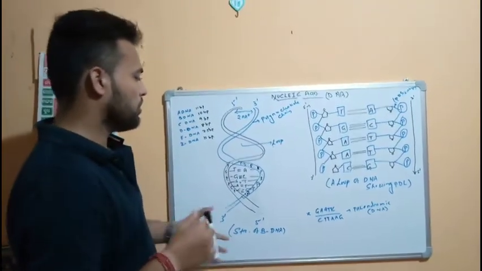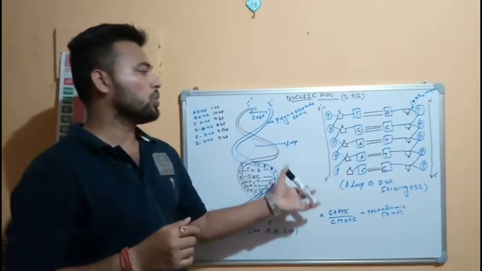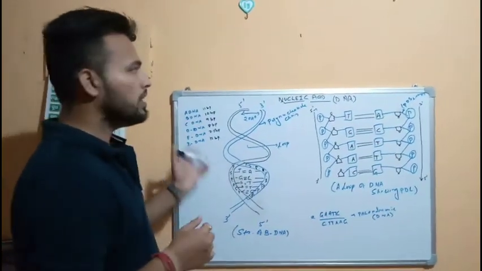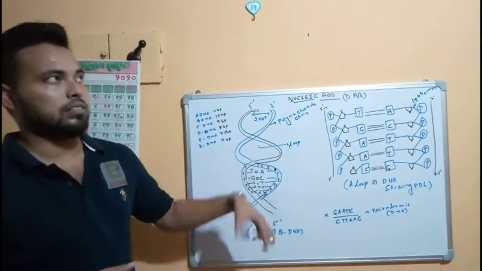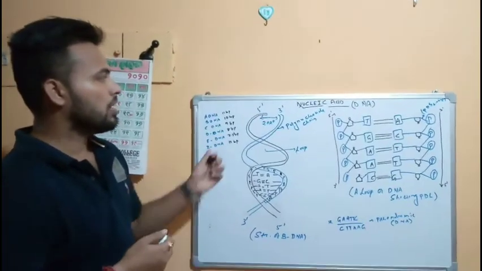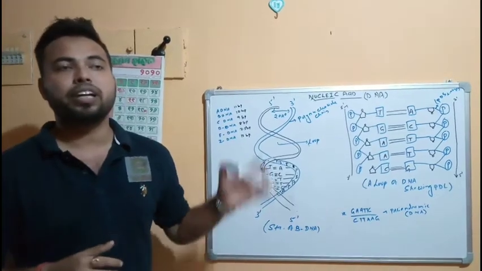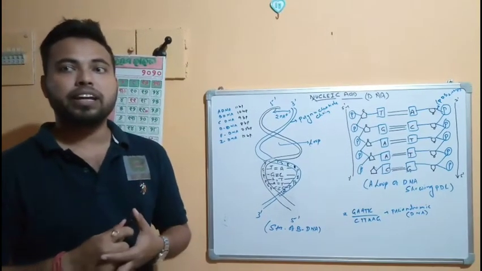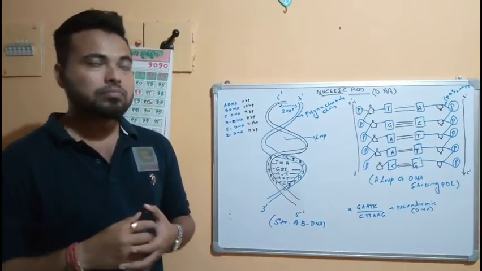Then we have to know the structure of DNA, the loop which shows the phosphodiester linkage, and the significance and conclusion of B-DNA. First, we have to know what B-DNA is. DNA is a deoxyribonucleic acid, which has one less oxygen atom.